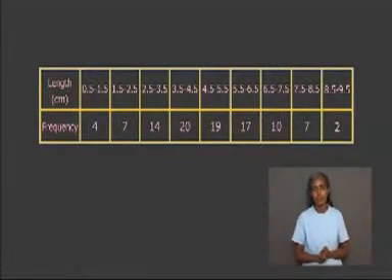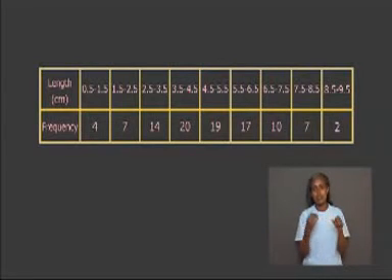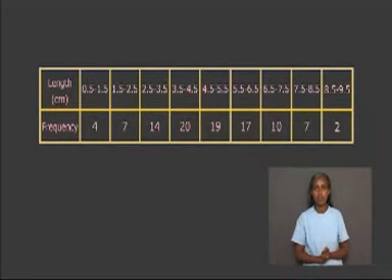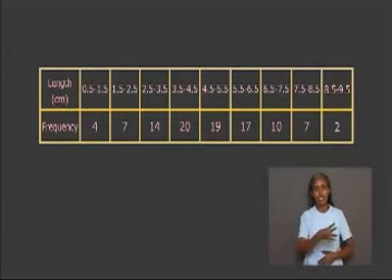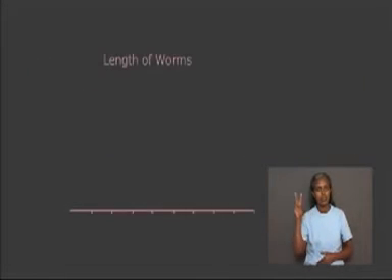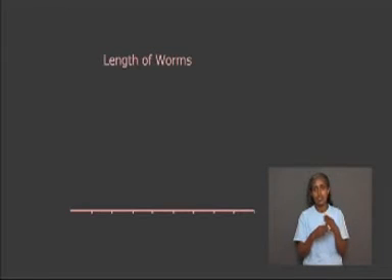Students, let us review how to construct a histogram. The first step is to construct a grouped frequency distribution. This will involve drawing a frequency distribution table like the one seen here. The second step is to locate the class boundaries along the x-axis.